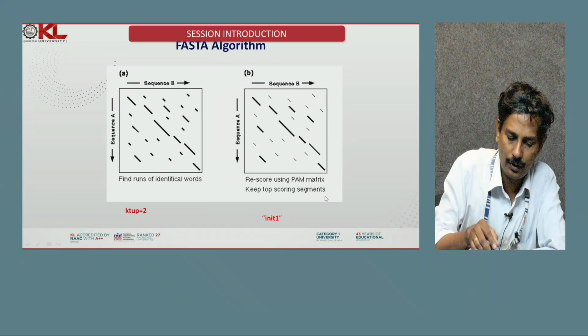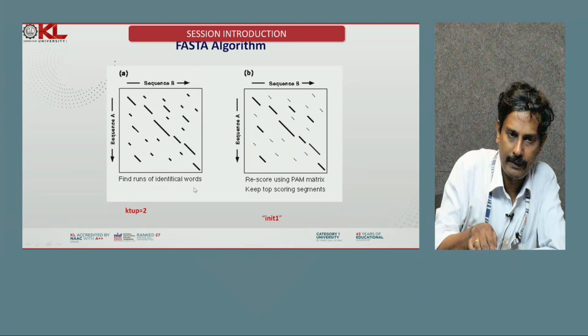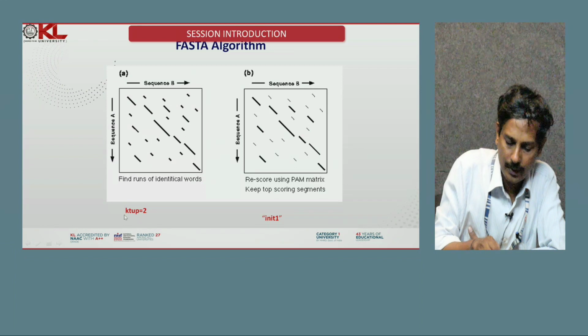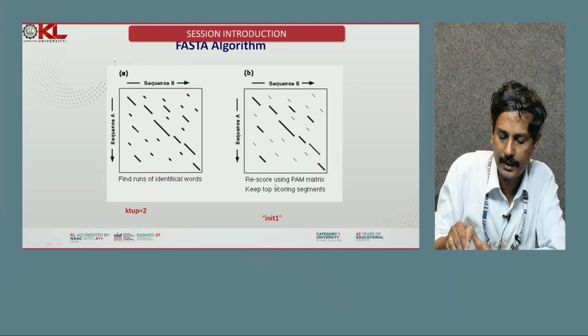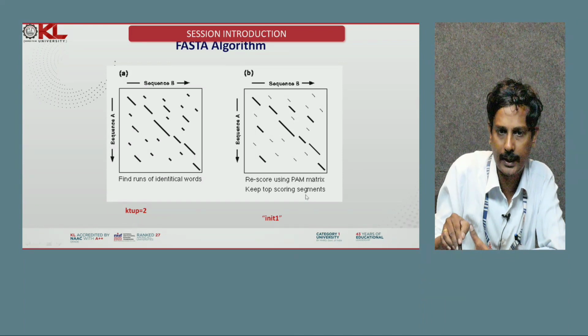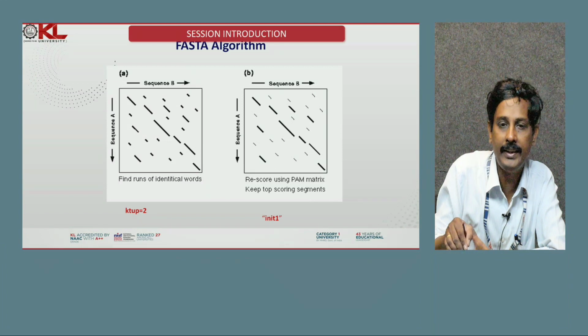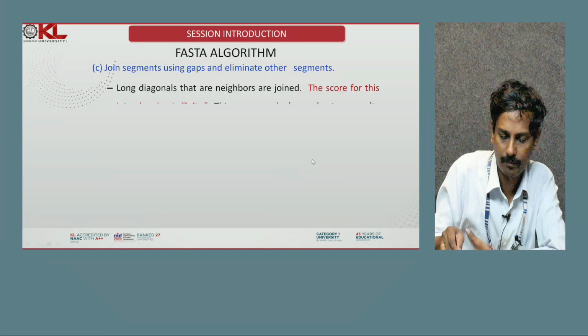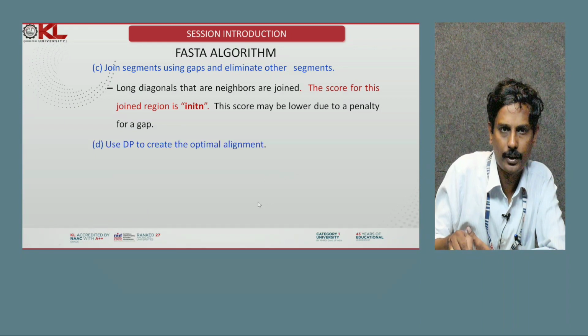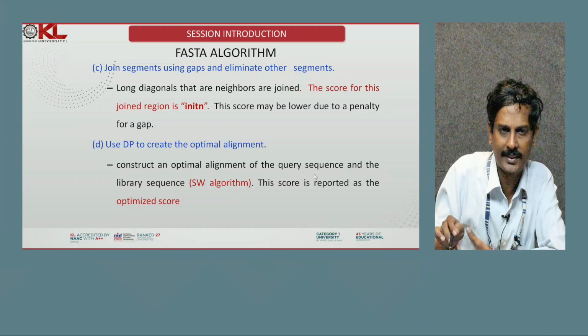So first, find the runs of identical words, then we have the threshold k-tuple equal to 2. Then rescore using the PAM matrices and keep the top scoring segments. This is the method for init1. So first of all we have discussed the FASTA algorithm.